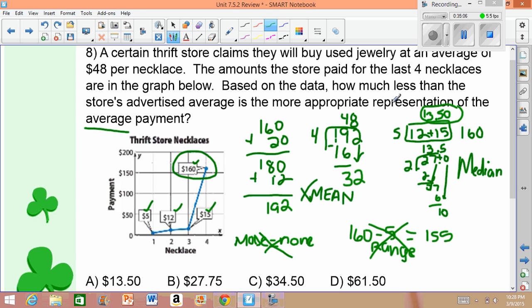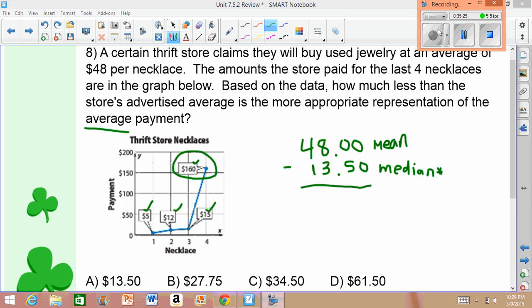And the question says how much less than the store's advertised average is the more appropriate representation. So $13.50 is our median representation. That is our best representation. And since it says less than, we're going to end up subtracting.